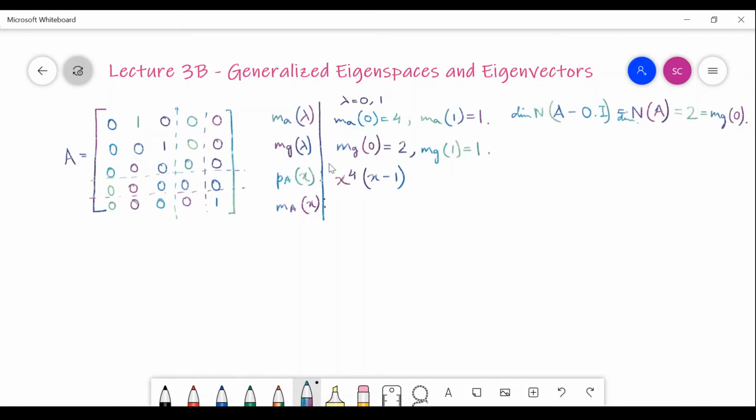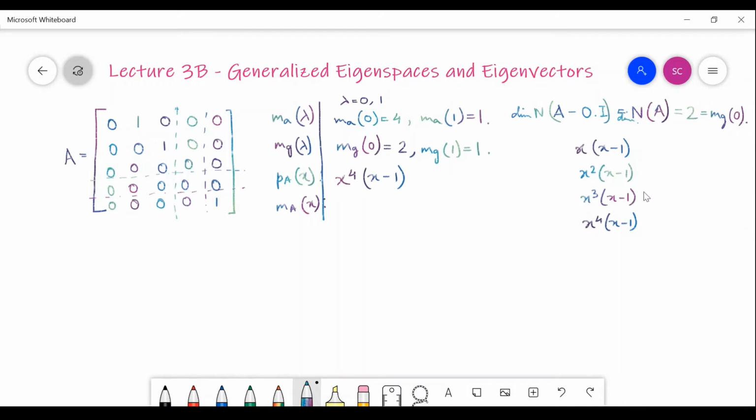Now what is your minimal polynomial? What are the options? The options are x(x minus 1), x^2(x minus 1), x^3(x minus 1), x^4(x minus 1). So you have to keep A minus I with you and multiply it with A. If it does not become 0, then again multiply with A, and if it does not become 0, again multiply with A, like that you have to go on.